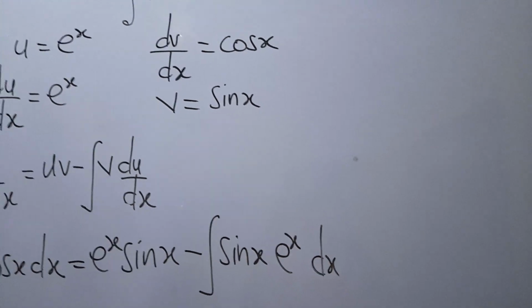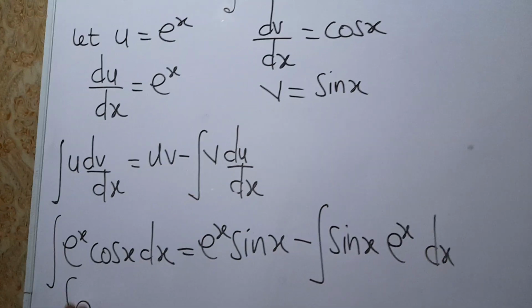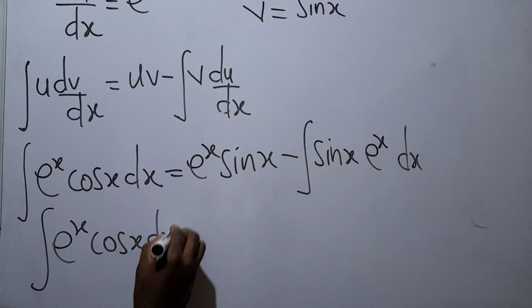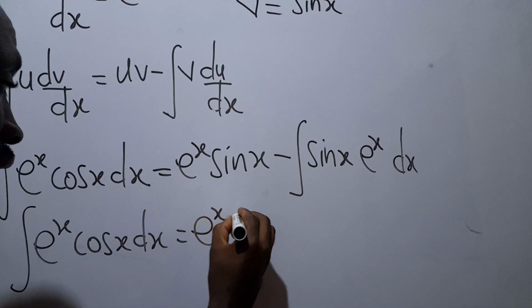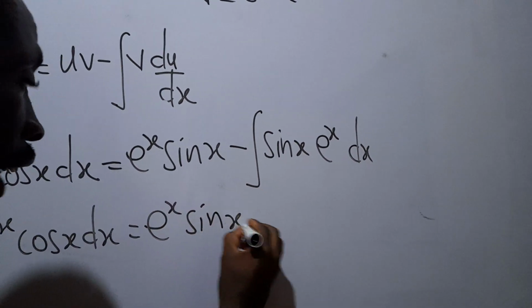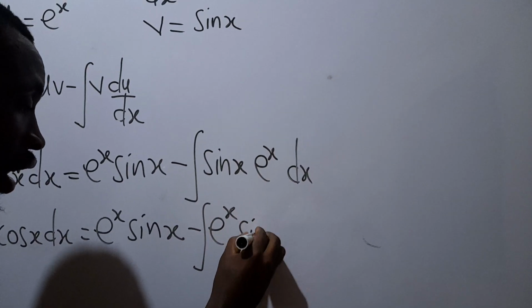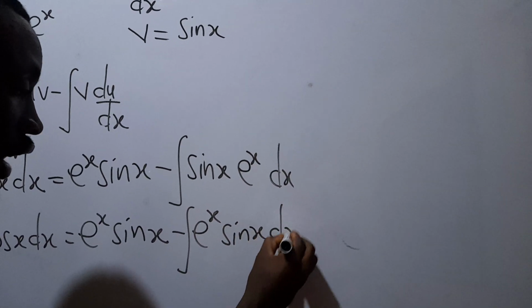We can rewrite this as the integral of e exponent x cos x dx is equal to e exponent x sin x minus the integral of e exponent x sin x dx.